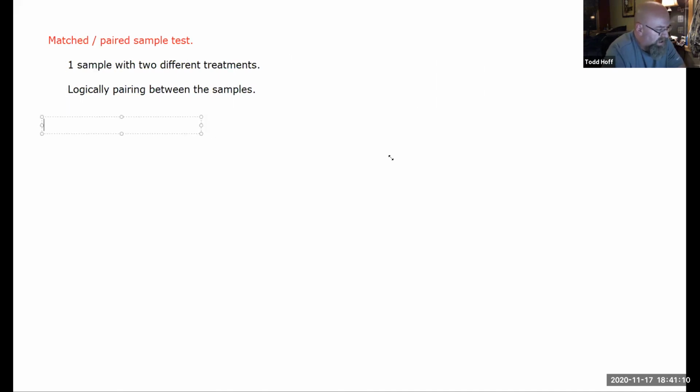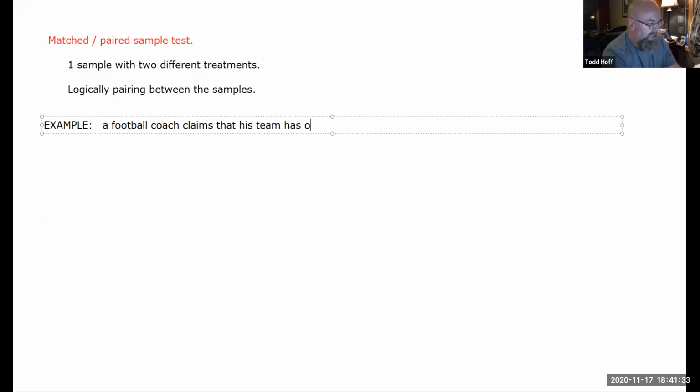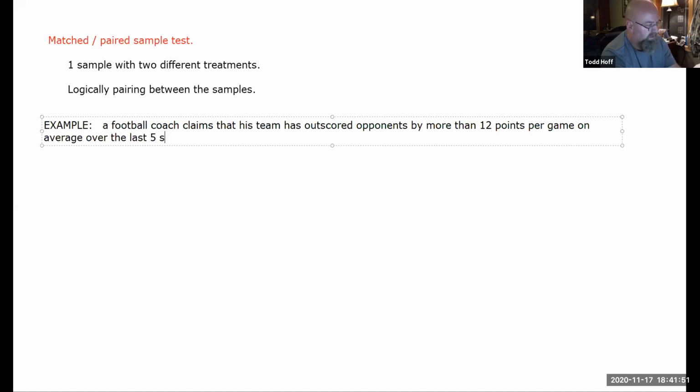For example, a football coach claims that his team has outscored opponents by more than 12 points per game on average over the last 5 seasons.